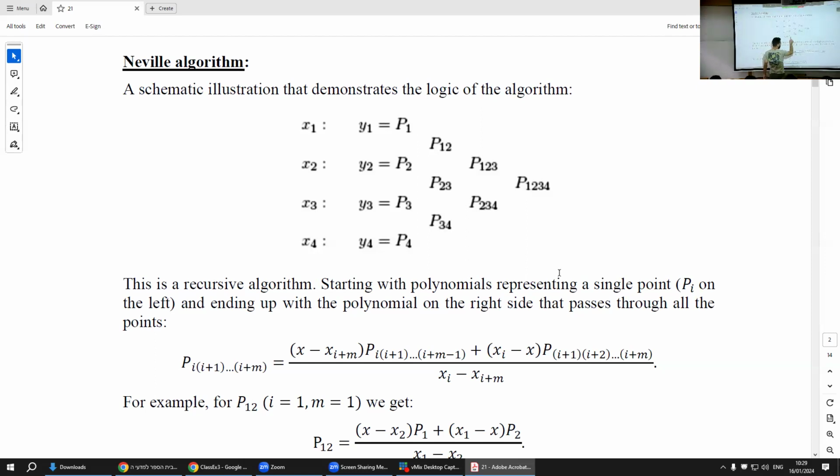I will calculate p45, and p12345. So I don't make use again of all these. I use something that is already there. So in terms of complexity it is less, but in terms of memory, it is more.